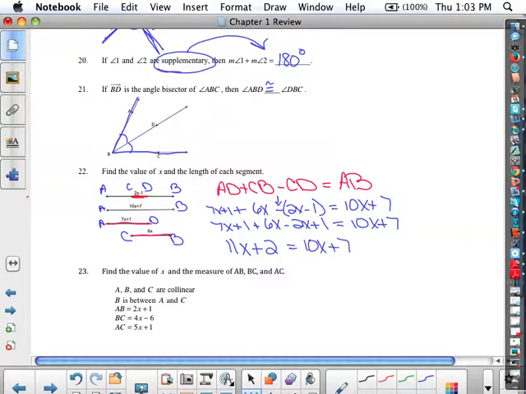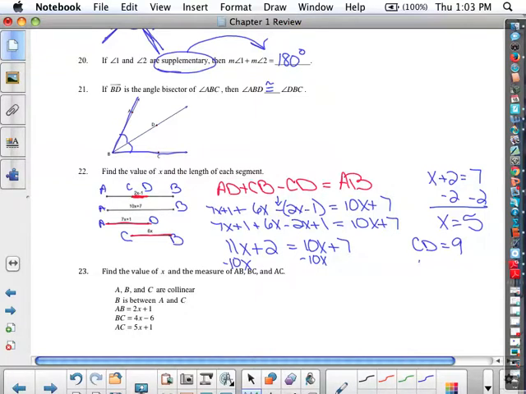Subtract the 10x from both sides, and I get x plus 2 is equal to 7. Subtract the 2 from both sides, and x is equal to 5. Therefore, the length of each segment, starting with CD, is equal to 2 times 5 minus 1, which is 9.